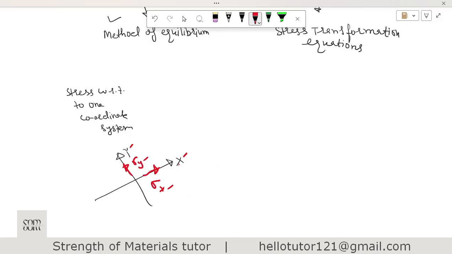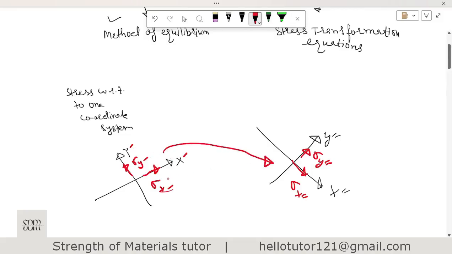Now if you know this and you want to find stresses about another axis, for example this is x double prime and this is y double prime, you want to find the stresses sigma x double prime and sigma y double prime from these values. So how do we find sigma x double prime and sigma y double prime from sigma x prime and sigma y prime?